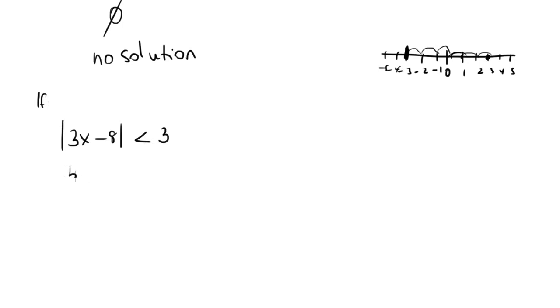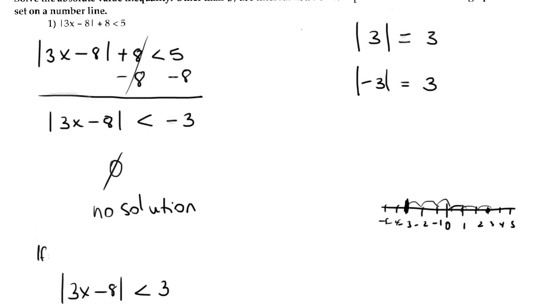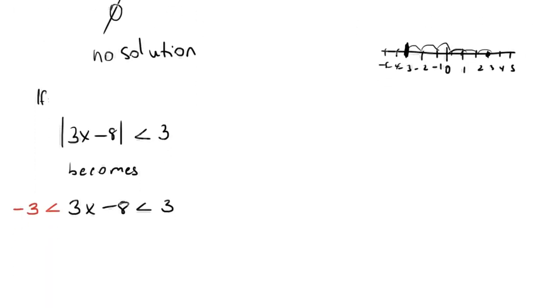That becomes a compound linear inequality. The absolute value less than, or less than or equal to, will become compound in this fashion. This is how we show our two cases. The right side stays the same, and on the left side, that's where we get that negative 3, because like we said up top, the absolute value of negative 3 does output positive 3.